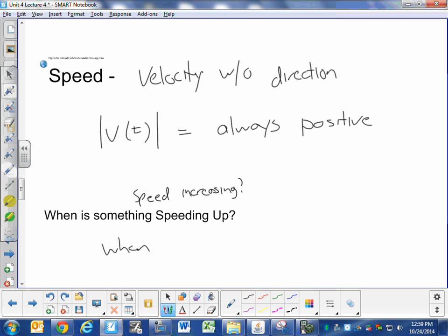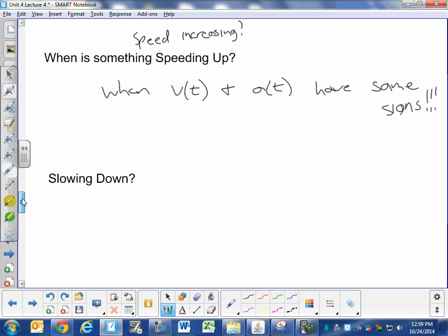When the velocity and acceleration have the same signs. When is something slowing down? When velocity and acceleration have opposite signs.